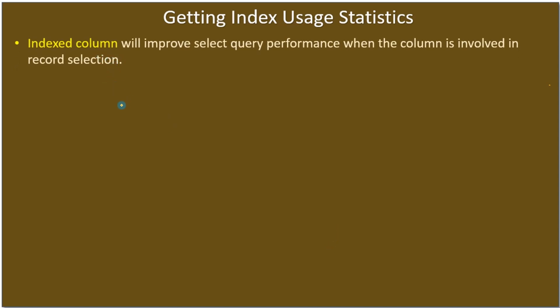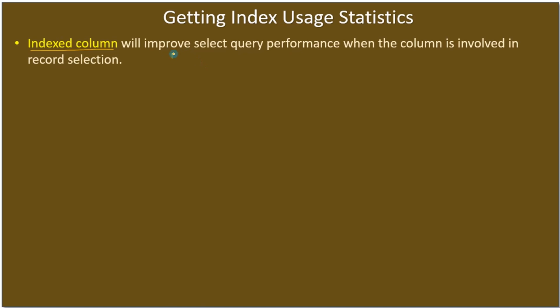An indexed column will improve select query performance when the column is involved in the record selection. Right? A table can have an indexed column, and when the indexed column is involved in the record selection, it means the SQL Server will use the index.